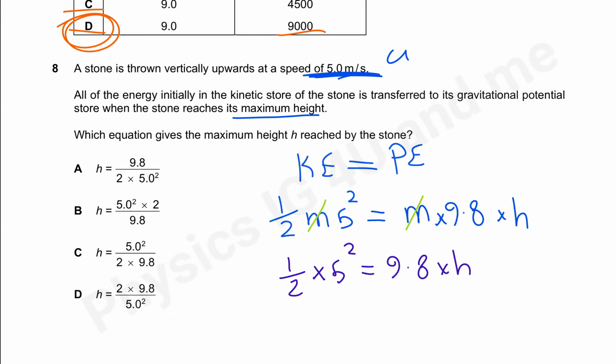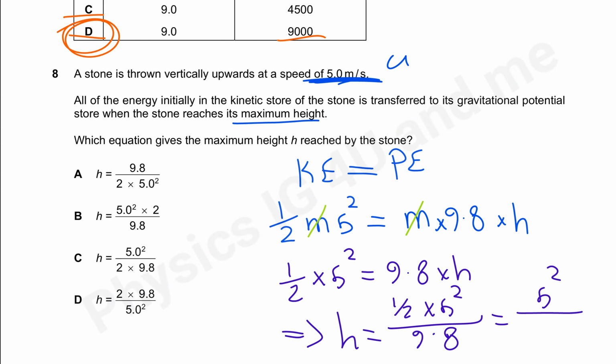Okay, so h will be half multiplied by 5 squared over 9.8. Of course, the 2 will be down, so 5 squared over 2 multiplied by 9.8.